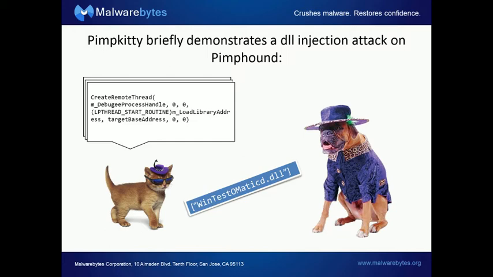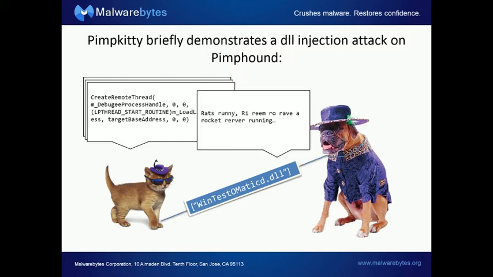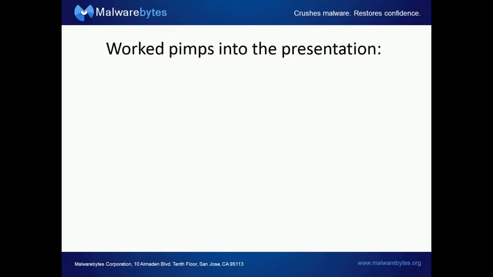It gives you the start address of LoadLibrary, which is a kernel32 function, I think, and that will cause the target executable, aka PimpDog, to load this DLL into memory. And all of a sudden, that process has a socket server running on it, and you're going to be able to interact with it now over sockets.